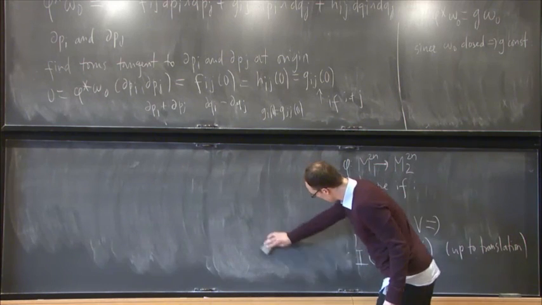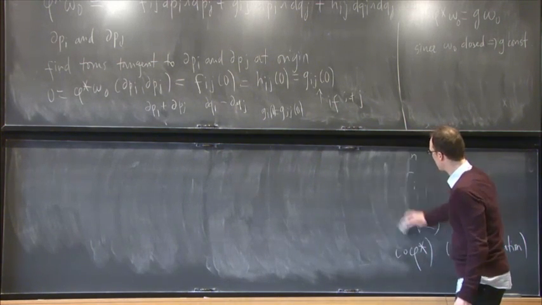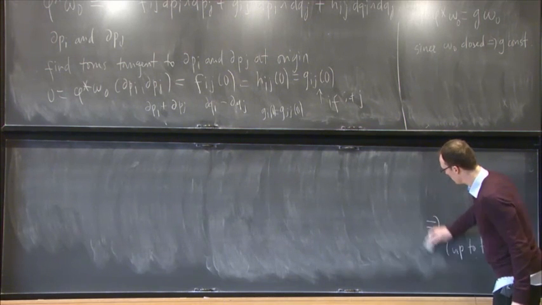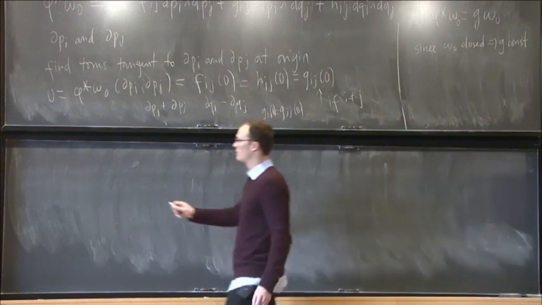And that is that earlier I said that capacities can't tell a symplectic embedding apart from an anti-symplectic one. And the shape can do that. And what I mean by that is the following.